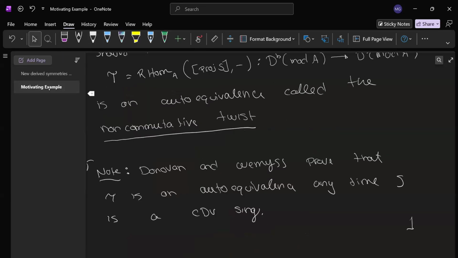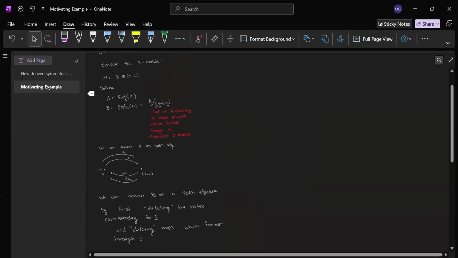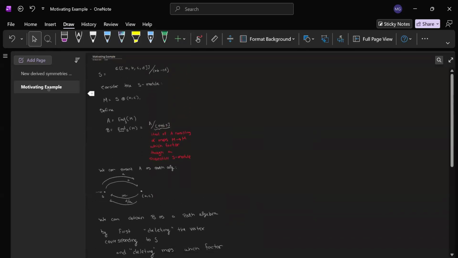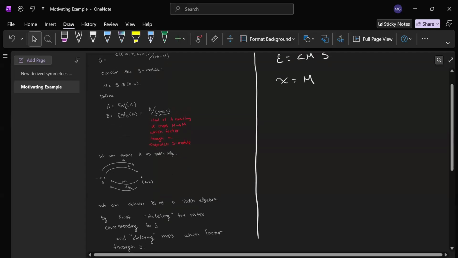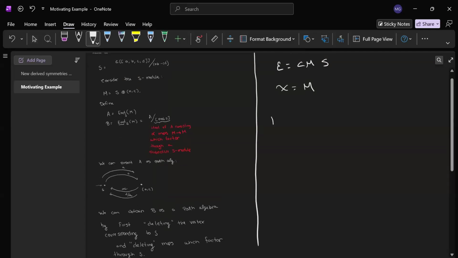So if we come back to our motivating example, what we can do is take our category E to be the category of Cohen-Macaulay modules over the ring S, and our object X is this module M. We know that B is 3 relatively spherical if and only if it's self-injective.